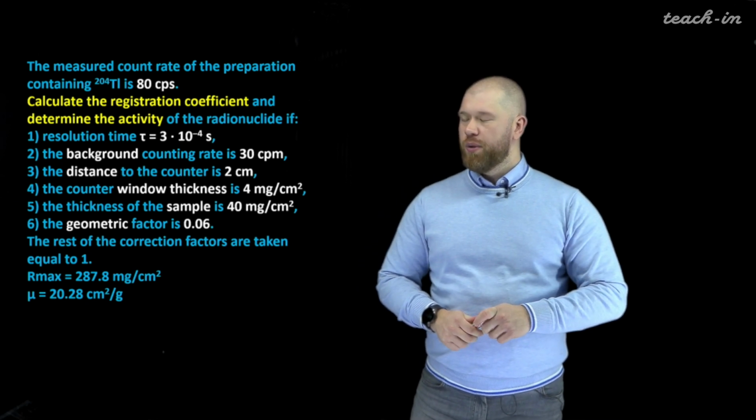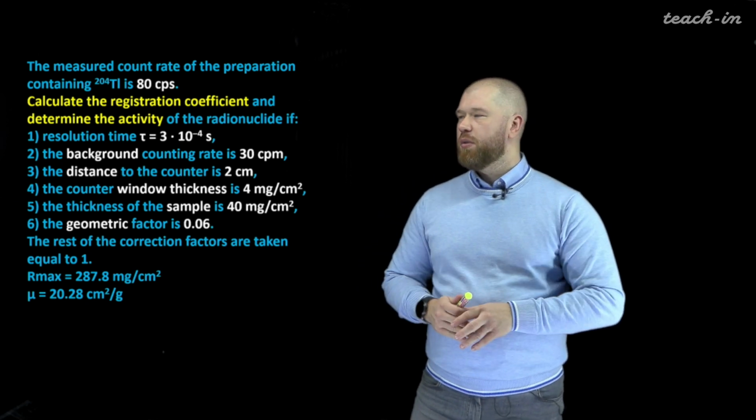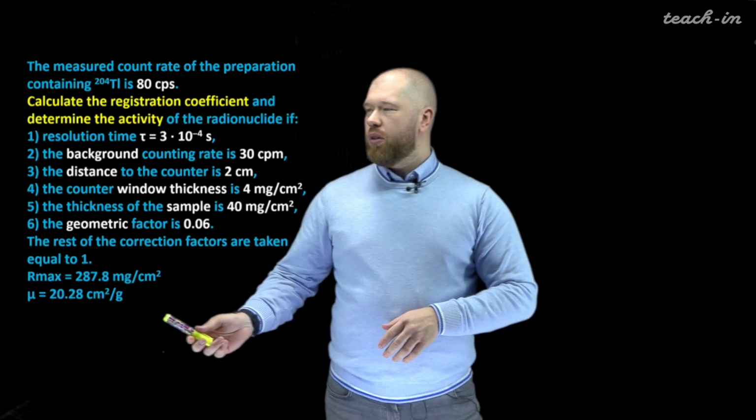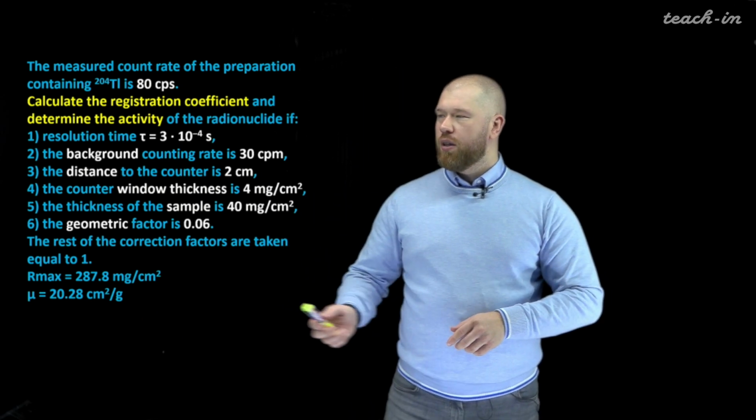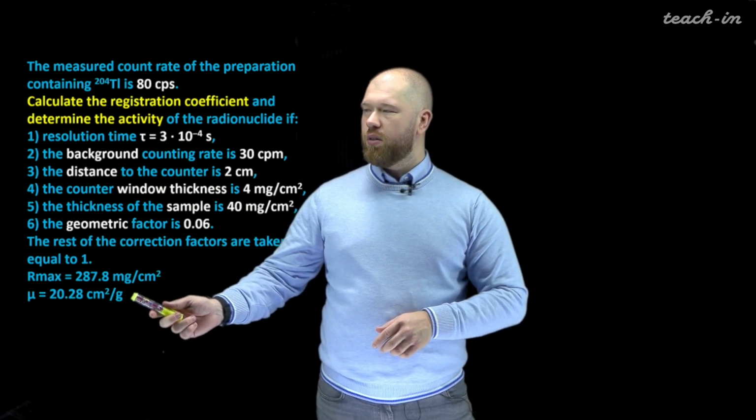Normally, if you look in the databases, in special tables, you will find this coefficient, mass attenuation coefficient, in this unit, centimeter squared per gram.